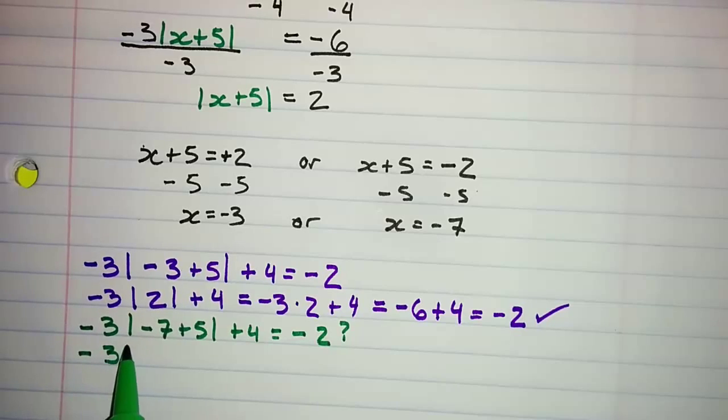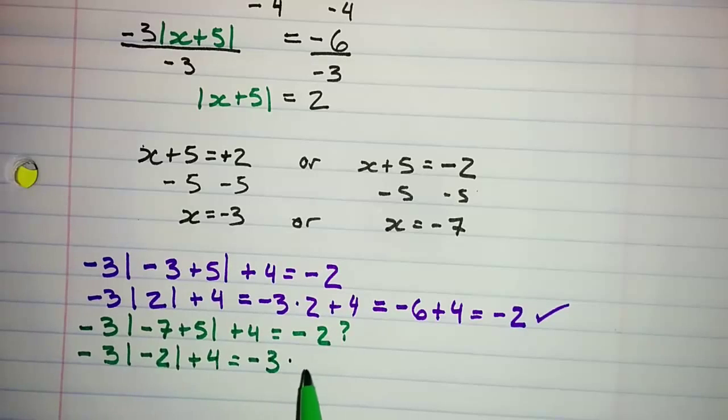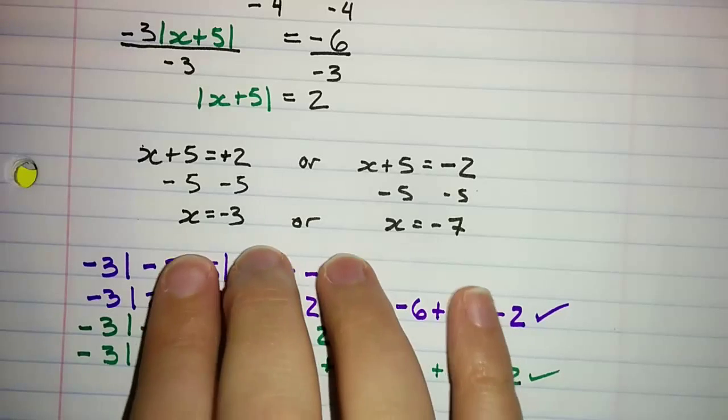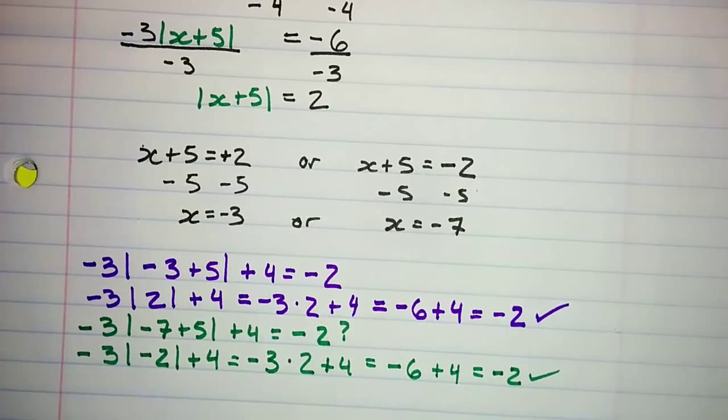That'll be -3 times the absolute value of -2, plus 4, which is -3 times the absolute value of -2, also 2. -3 times 2, that's -6. And -6 plus 4, still -2. All right, so these solutions really do work.